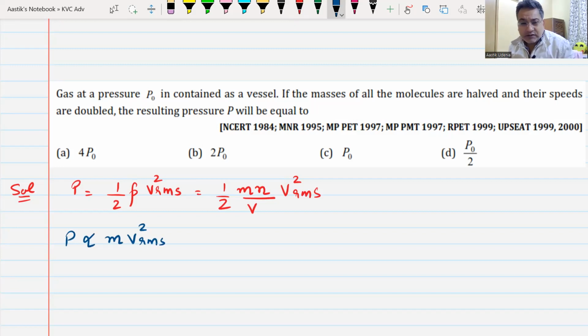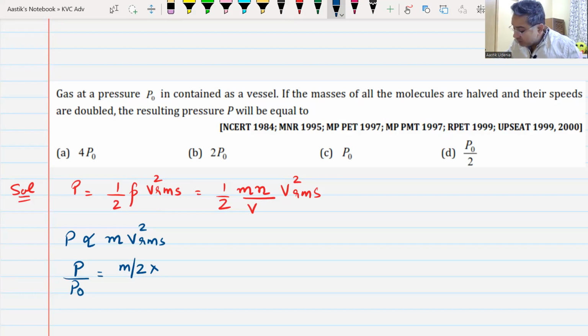Now, if you double the speed of each molecule, the RMS speed will be doubled, yes or no? So, P divided by P naught, the original pressure, the mass is half m by 2 multiplied by velocity is doubled.